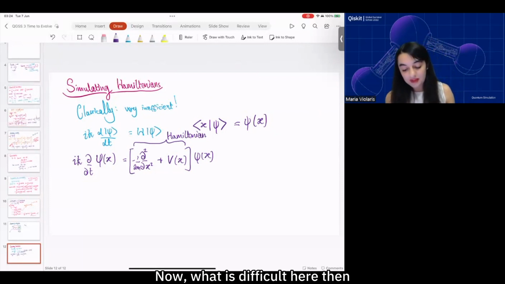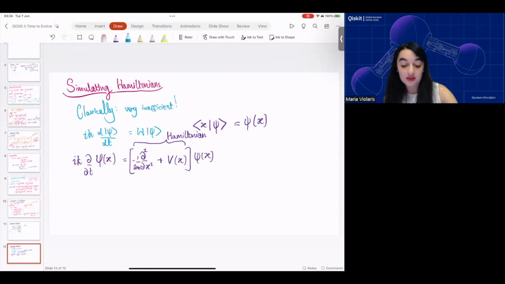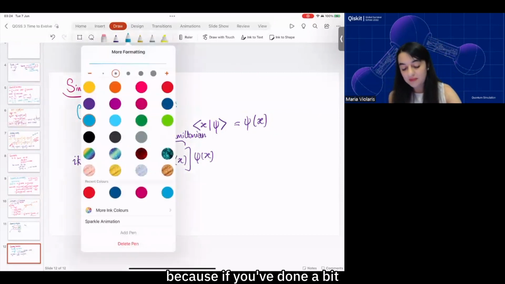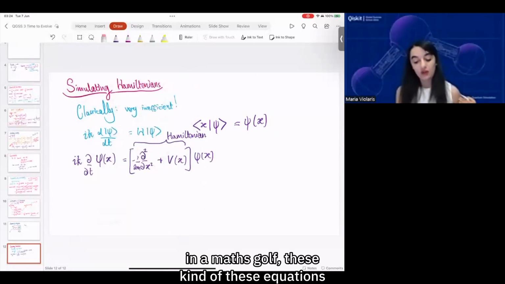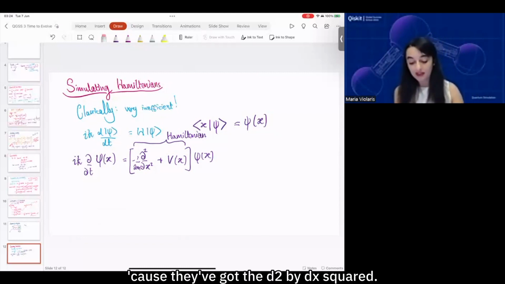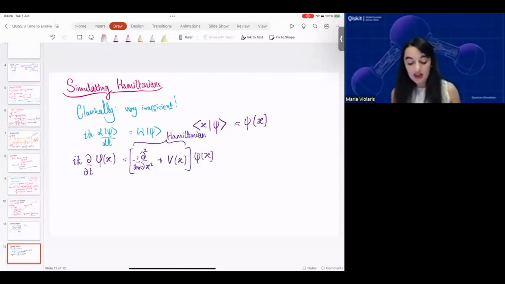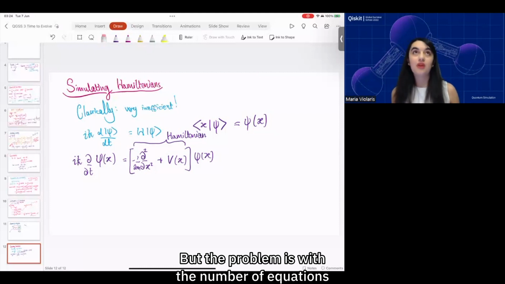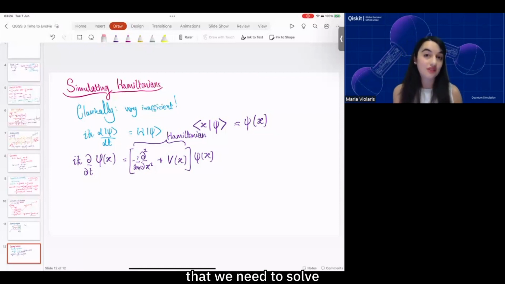Now, what is difficult here? If you've done a bit of solving differential equations in a maths course, you'll recall these equations are second order, because they've got the d2 by dx squared. But the problem is with the number of equations that we need to solve.